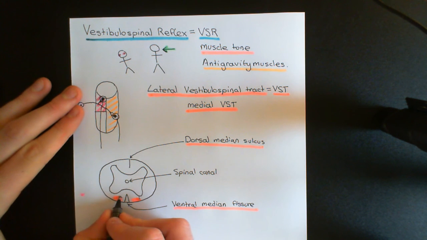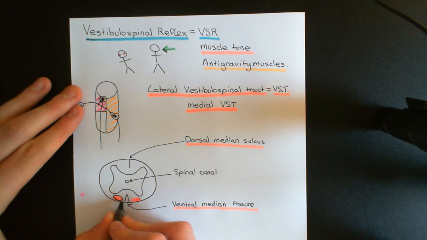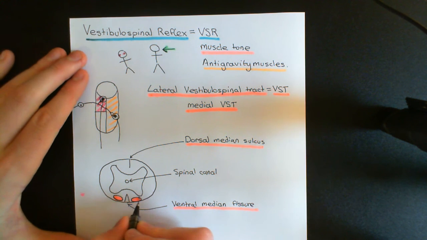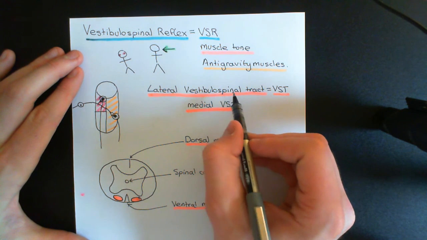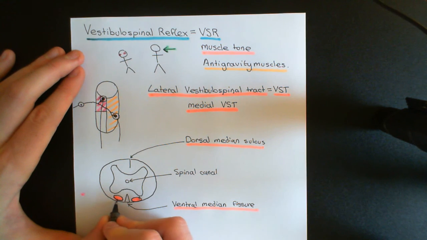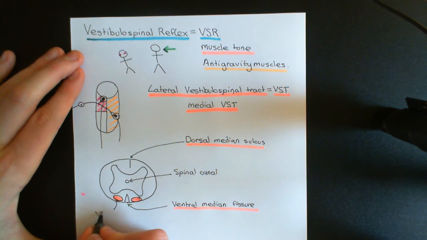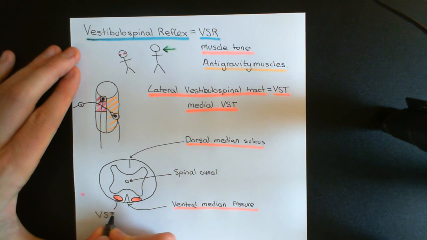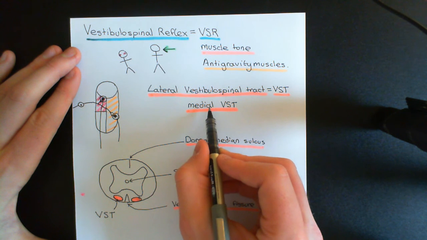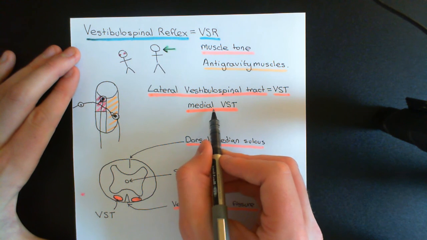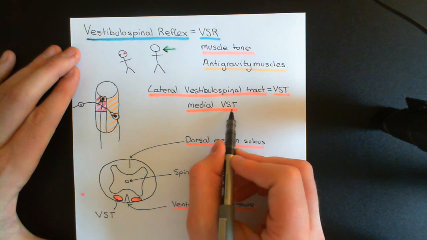Now this tract, you often won't see it called the lateral vestibulospinal tract when you're looking at it anatomically. Physiologically, you would call it the lateral vestibulospinal tract. Anatomically, you would not call this the lateral vestibulospinal tract, you would just call it the vestibulospinal tract. Okay, because the medial vestibulospinal tract is actually going to be in a different white matter tract. It's going to have a different name anatomically.